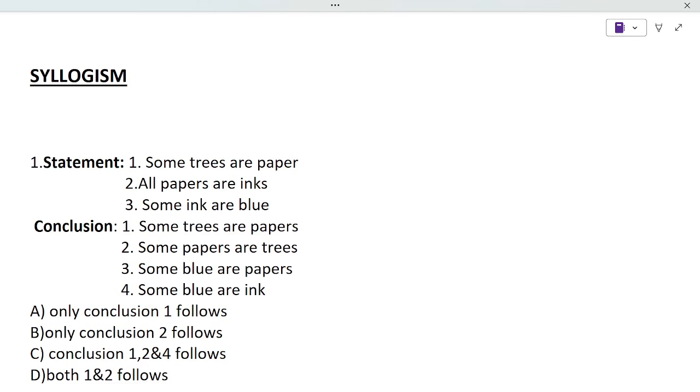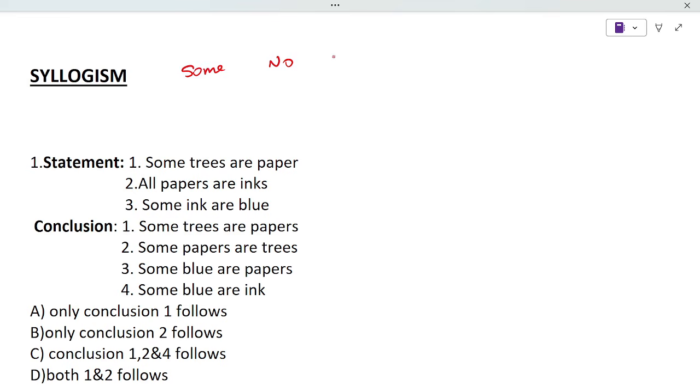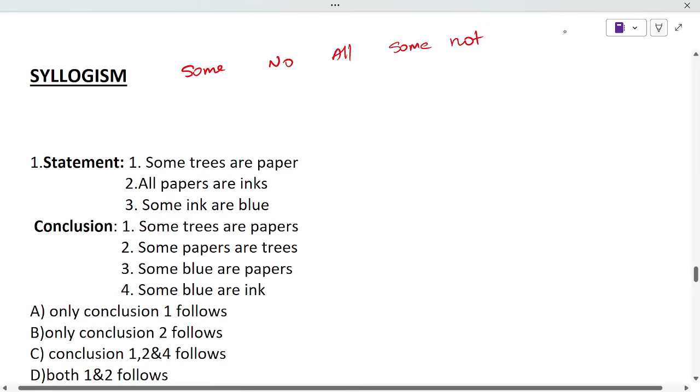So far in the NPSC exams, they have asked only some case, no case, all case, and some not case. However, we will go a bit further than that.